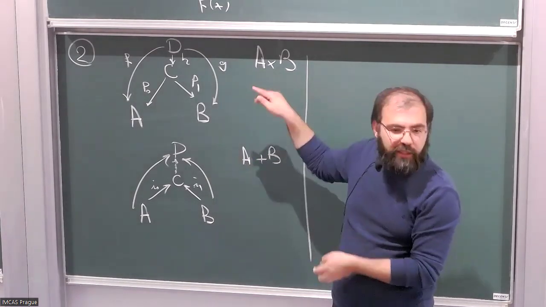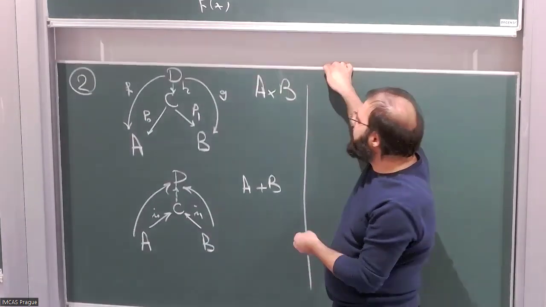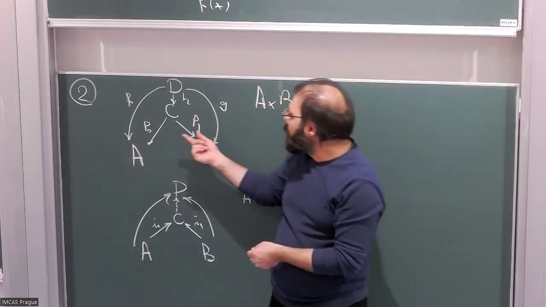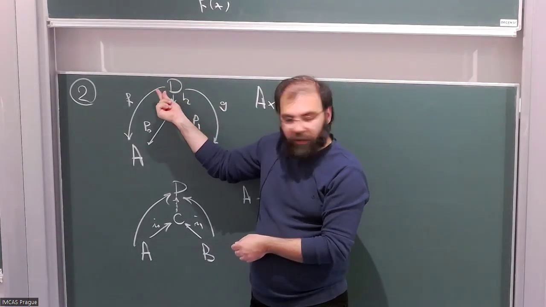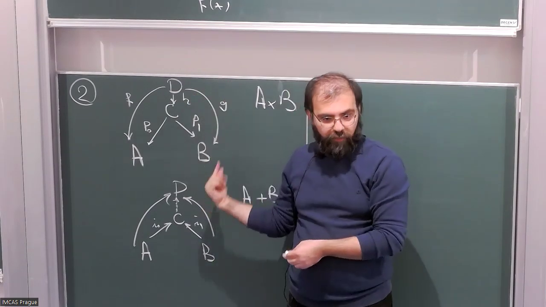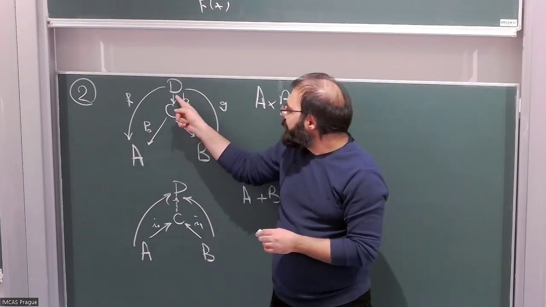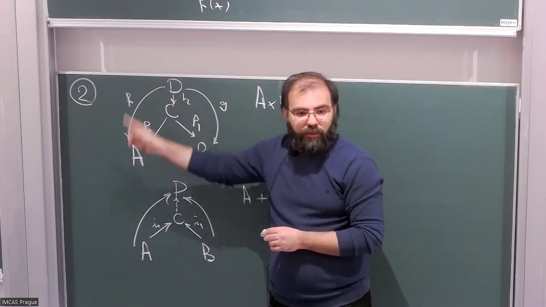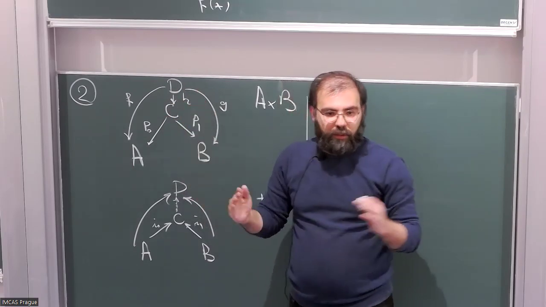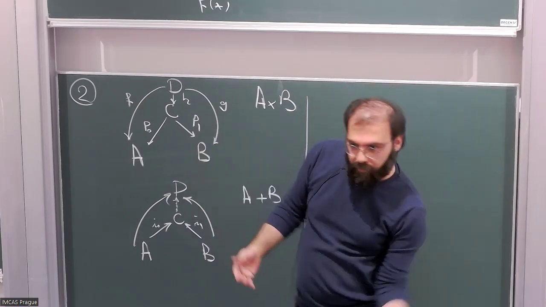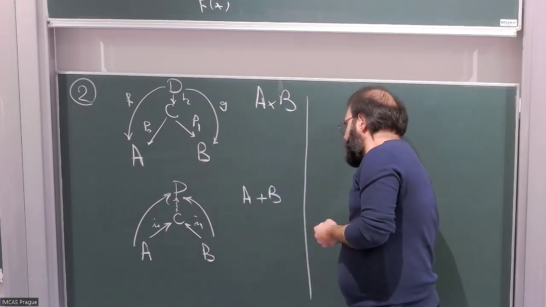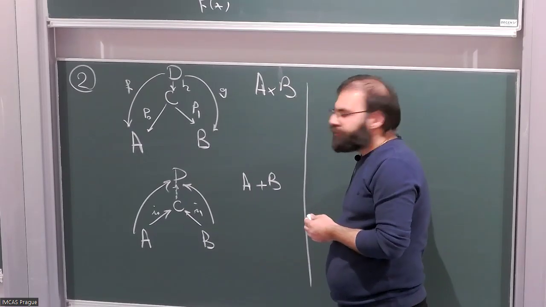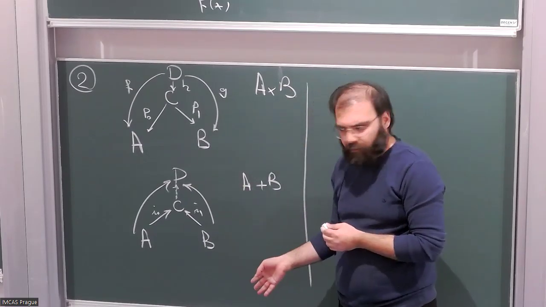The whole data is actually unique in the sense that if I find another D and another cone with the same property, then there is an isomorphism such that these guys commute, right? So then the cone is unique, kind of. And these are also structures that I want.